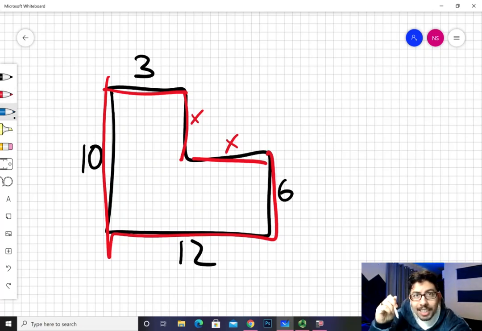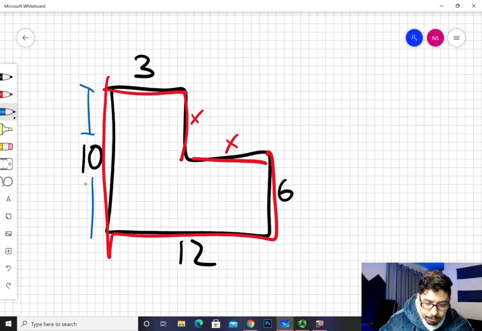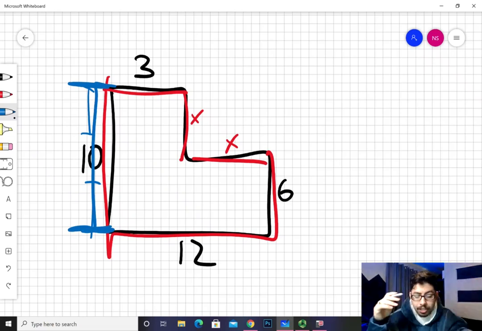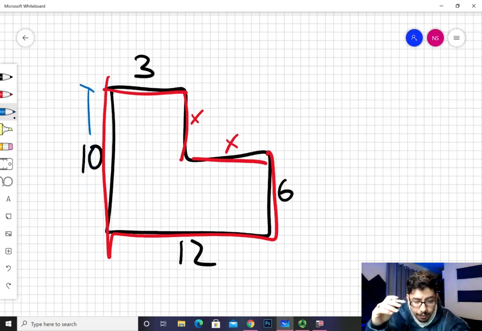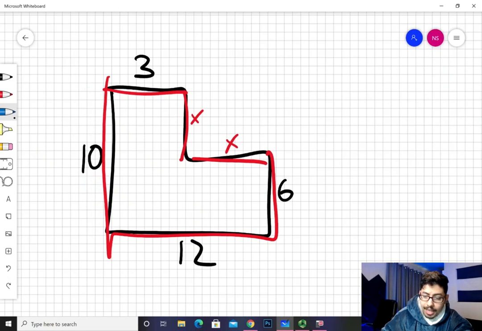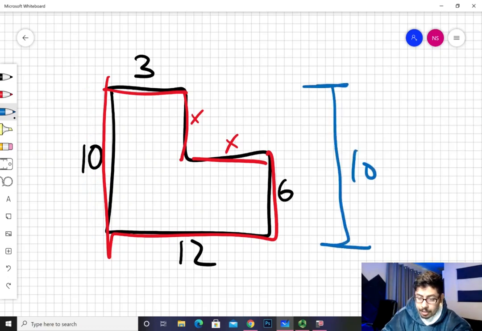We need to learn the technique of taking advantage of all the other measurements that we're given. So if they give us a 10 here, from here all the way down there, if I know it's 10 inches, 10 feet, whatever the unit is, it doesn't matter. If I know that's 10, it's going to be the same on this side. From here to there is 10, obviously, right?